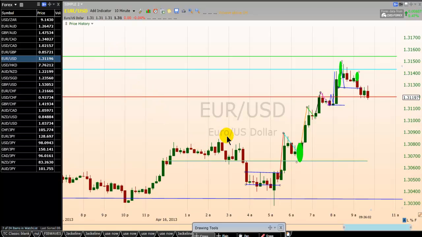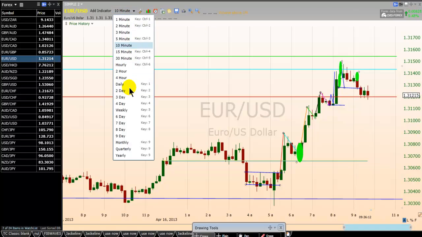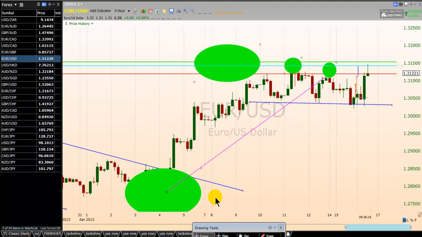If you count 5 waves on one time frame, those 5 waves can be just one wave on a higher time frame. The waves that we counted on the 1 minute chart are in fact just this candle here, this 4 hour candle.